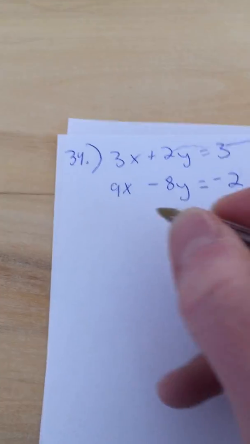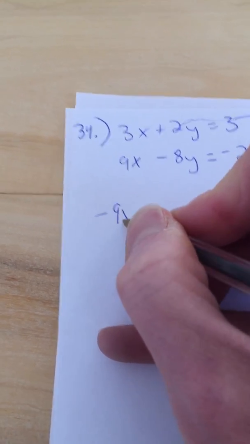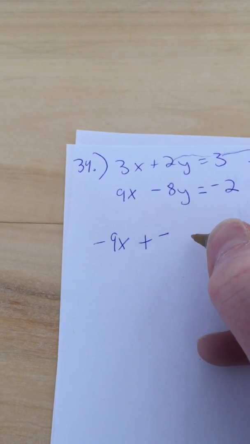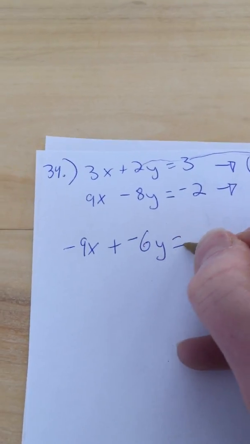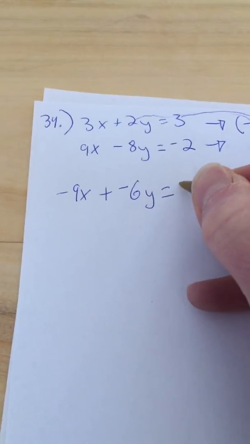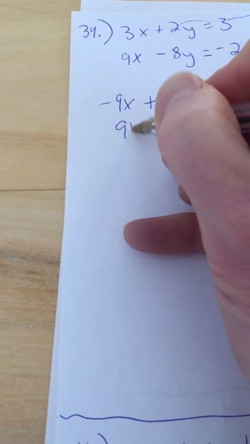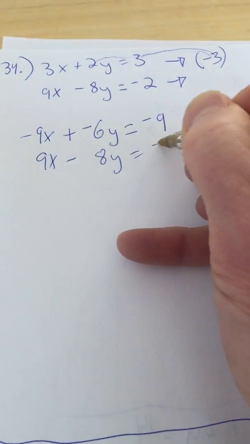And what I'm going to come up with is negative 9x plus a negative 6y equals a negative 9. And then you have this 9x and this 8y and this negative 2.